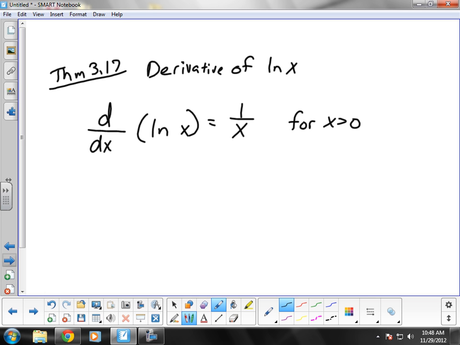And since it's not defined for negative values, a lot of times we will talk about the ln of the absolute value of x, because there's sometimes when I need to know what's going on. The ln is not defined for negative arguments. I can't take the ln of -3. If you type that in your calculator, it'll give you an error message.